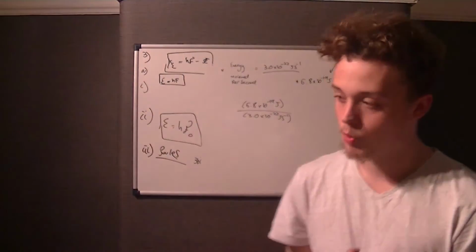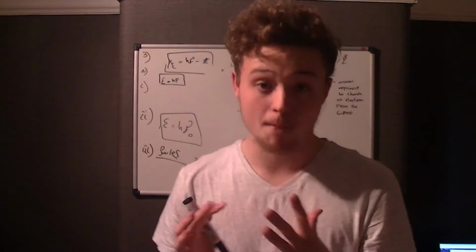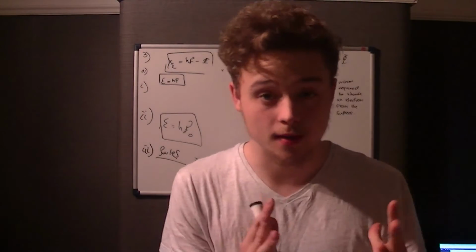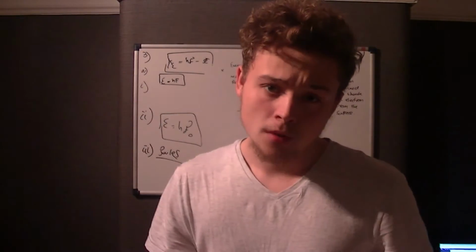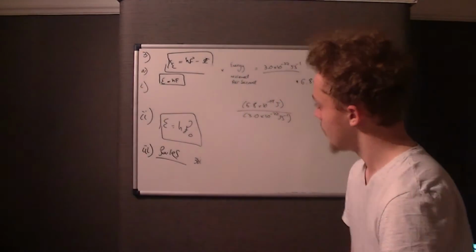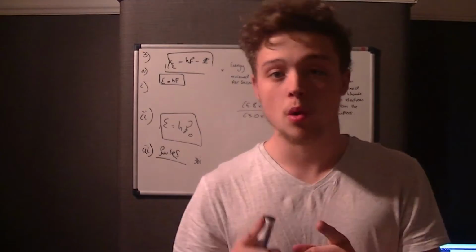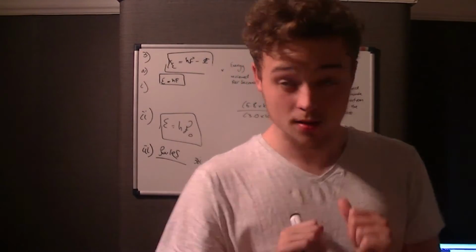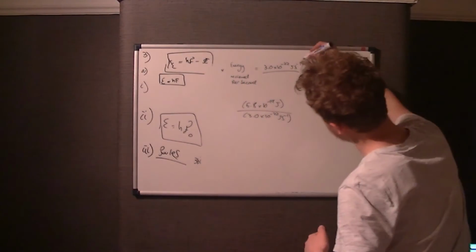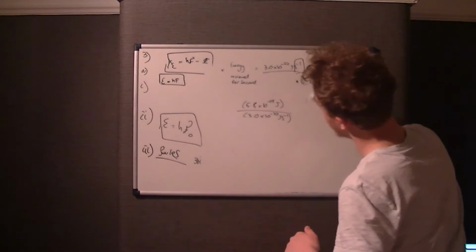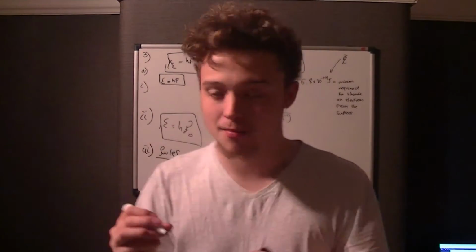Now, I tried to explain it simply from the method of logic. If that didn't work for you, then look at it this way. What we want is an answer where we've got units in seconds. Okay? And it says joules per second. In other words, s to the minus 1.